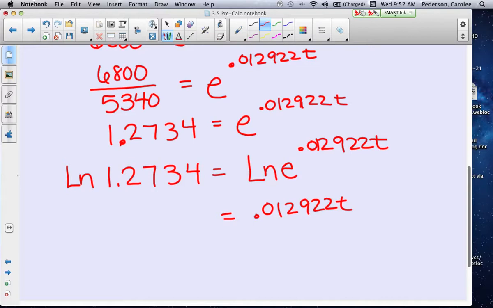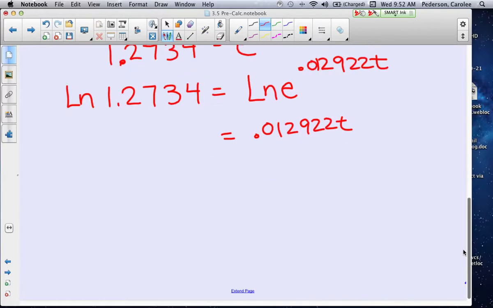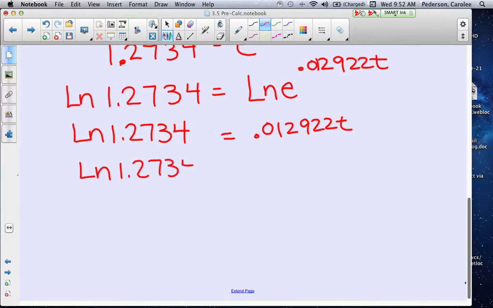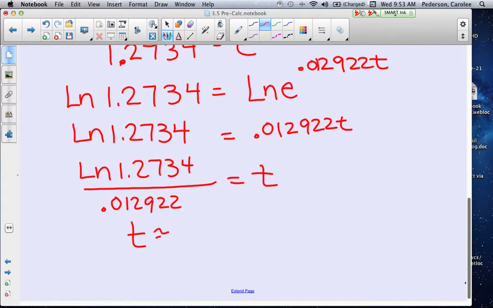The natural log and the inverse cancel out. The left side stays as it is. What's my last step then? Divide by that decimal. So now my t is alone. t is approximately 18.7 years.